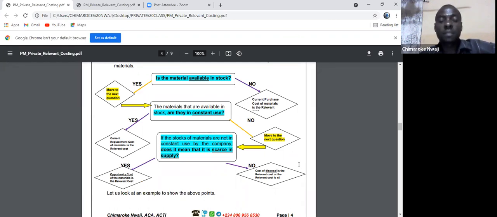If yes, they have to be replaced, so replacement cost is relevant. If no, move to the next question. If the materials are not in constant use by the company, are they scarce in supply? If yes, look for opportunity costs. If the answer is no, either it's nil, zero value, or you look for the disposal cost and use that disposal cost as the relevant cost.